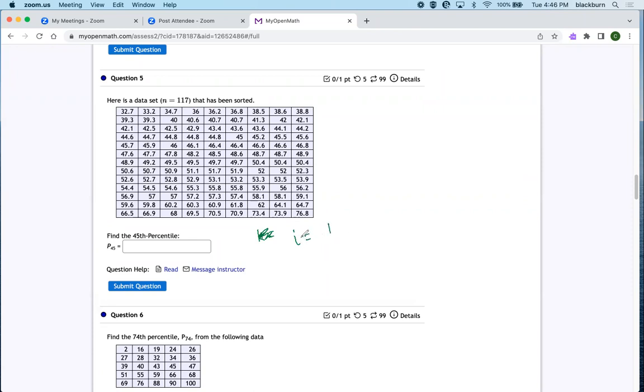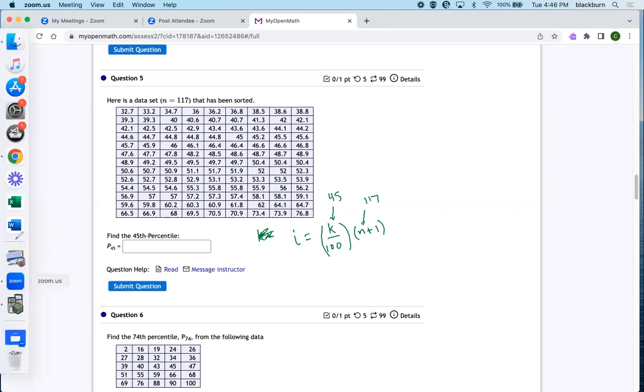So what position is that 45th percentile going to be in? Well, we're going to put 45 in for K, and then we take the number of values for N. So we're going to put 45 in right there, and we're going to put 117 in right there, and you're going to make the calculation.